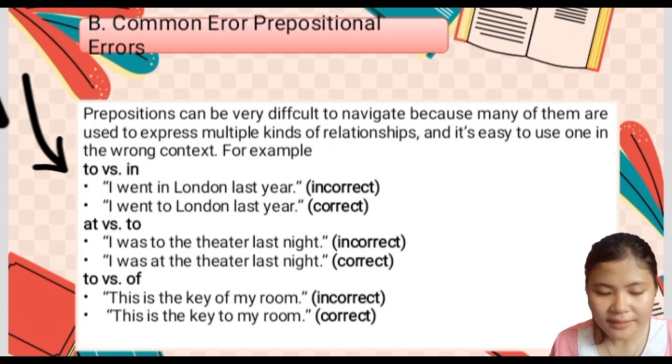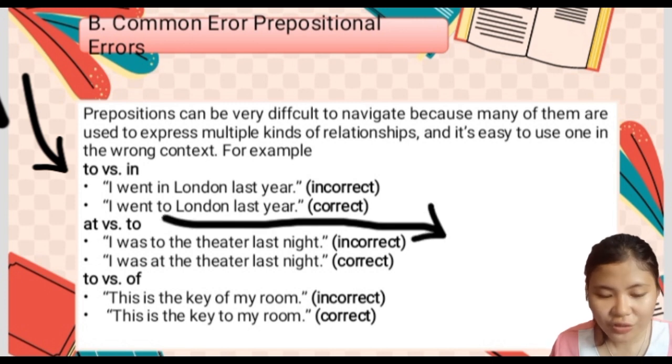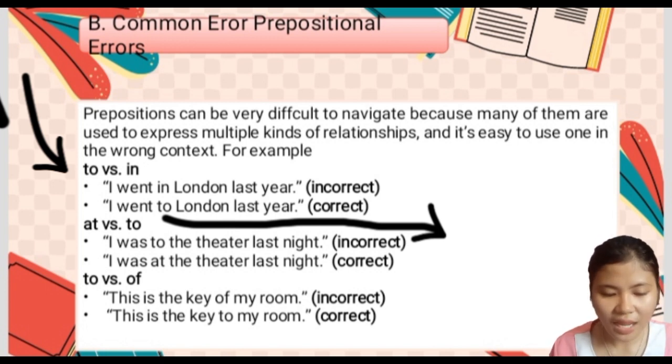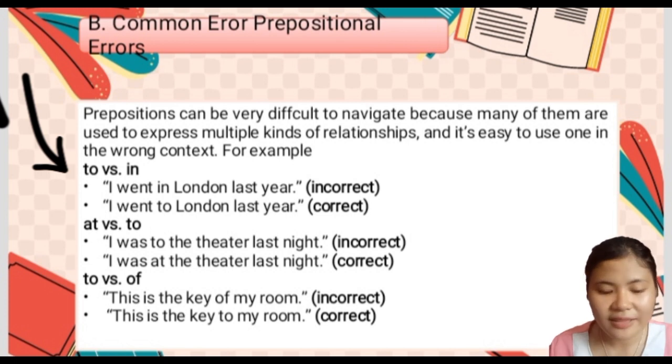And let's see the preposition in sentence number 2. I went to London last year. To is used to describe movement with a specific aim, direction, or destination. Verbs that describe movement from one place to another generally take the preposition to.